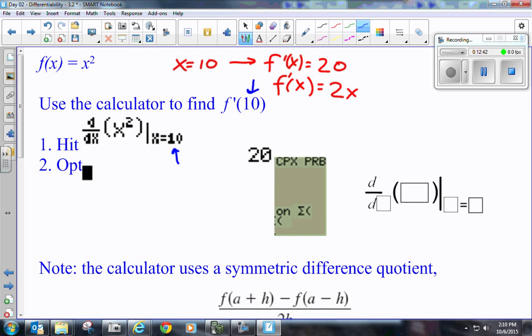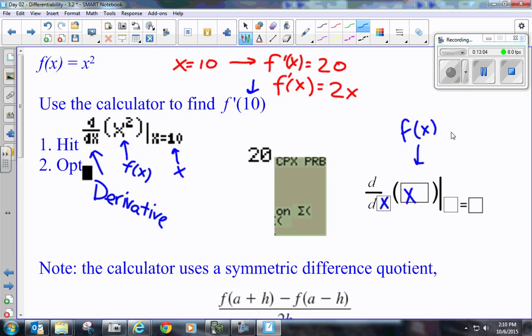This here is telling you to find the derivative of this function here, and when I do that, throw this value into x after. That's what I have these things right here for you. This will always be your x. This is your function; whatever f of x is goes in here. That's x squared. And this is what you want your x to plug into the derivative. Okay? Alright, so now your calculator does it for you.